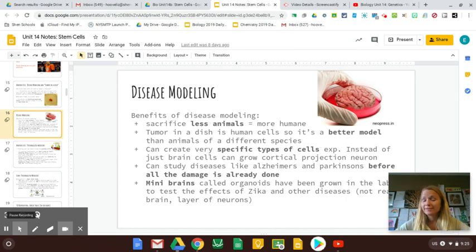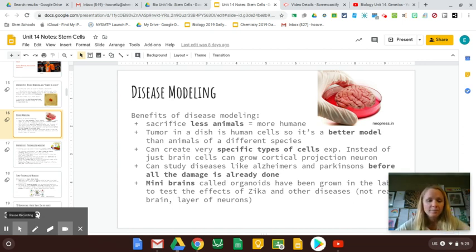You could look at cells before the damage has been done. So if you want to test someone's brain that you think might be vulnerable to getting Alzheimer's or dementia, you could take a sample of their brain cells, grow them in a dish with stem cells, and experiment on them before they get Alzheimer's.